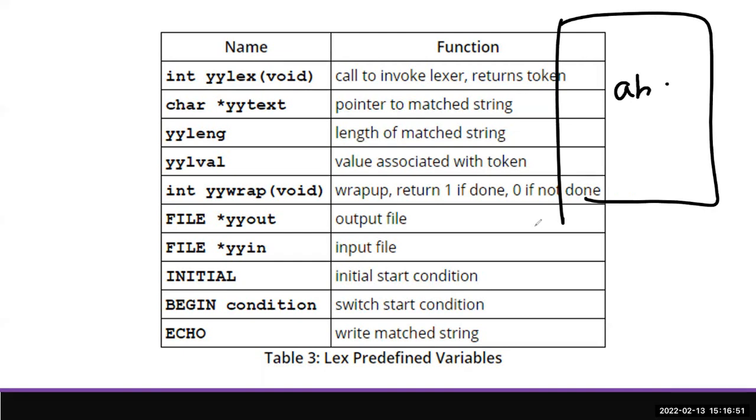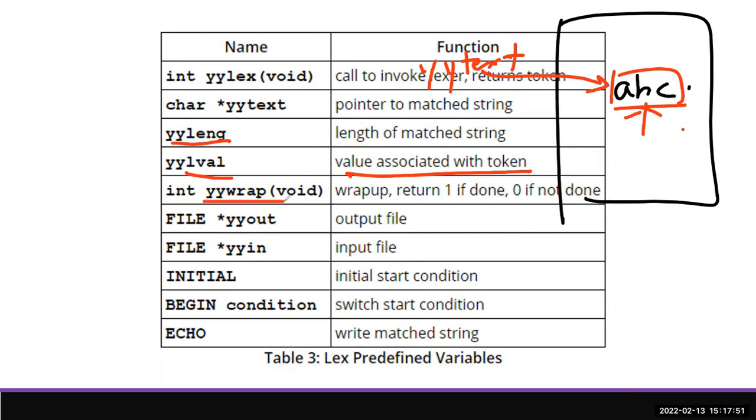Say I'm matching ABC, and the pointer pointing to the matched ABC is called yytext, and the length of this matched string is called yyleng. And a value associated with the token, so you can evaluate it, the left-hand side value is called yylval.